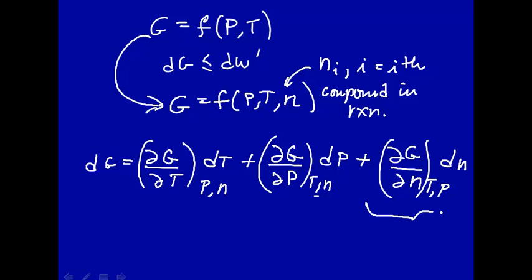We are going to give this a special symbol, and that special symbol will be defined as mu. So mu, the Greek letter lowercase mu, stands for how G changes with N at constant temperature and pressure, and this we'll call the chemical potential.